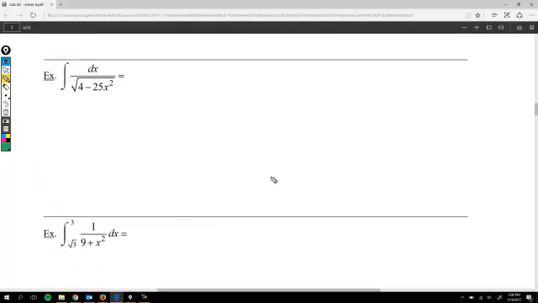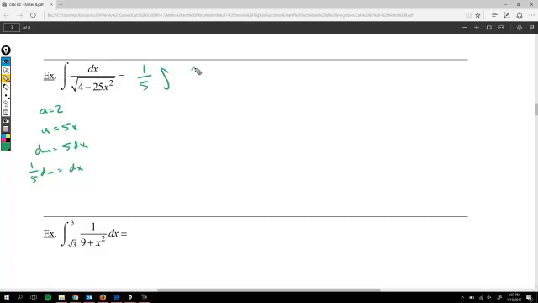Let's do another one. Alright, so here I see that this is 2 squared and this is 5x quantity squared. So this time, again, I'm going to let a equal 2, but I'm going to let u be 5x. Okay, that means that du is 5 dx, so 1/5 du equals dx. Alright, so now when I make my u sub, I'm going to have this 1/5 in front of my integral.